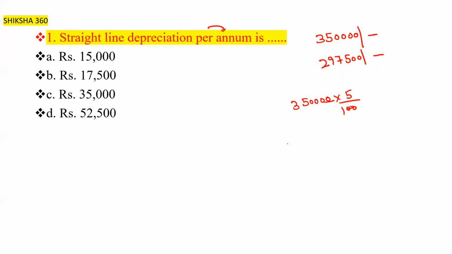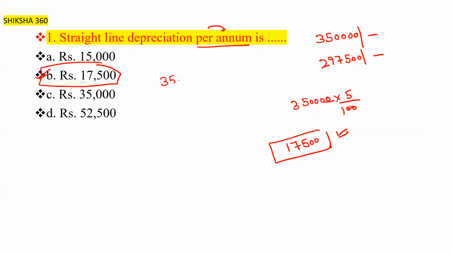It comes out to 17,500. So the straight line depreciation per annum is 17,500. So what we have to do is simple: this is the original value, and in the straight line method depreciation is calculated on the original value. Just take 5% of that. It comes out to be 17,500.